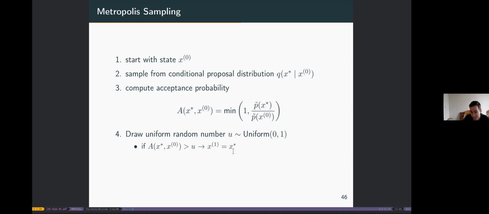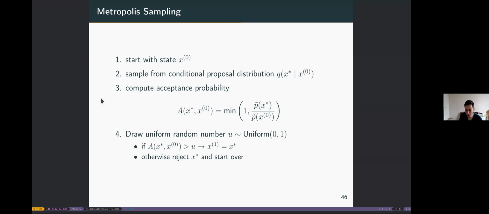Based on whether this uniform number is larger or smaller than this acceptance probability, I accept this as my new state. As you can see, that means you accept every value that takes you to a more probable state, but also sometimes you accept samples that take you to a worse place. This allows you to explore a little bit as well.